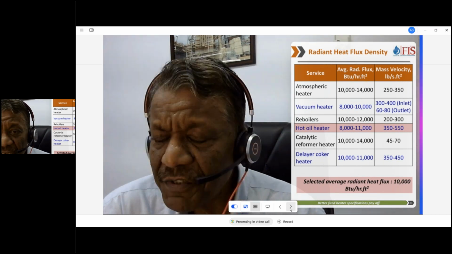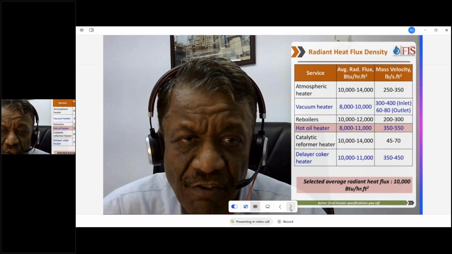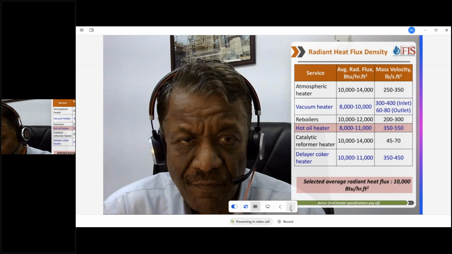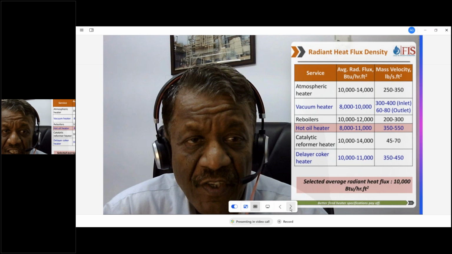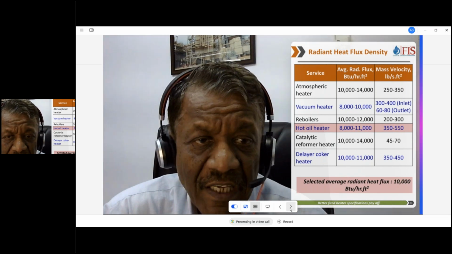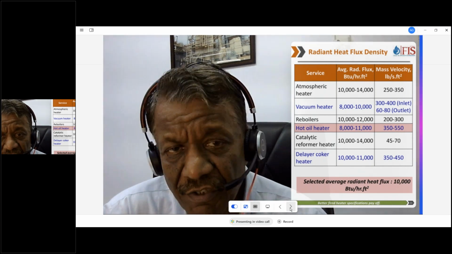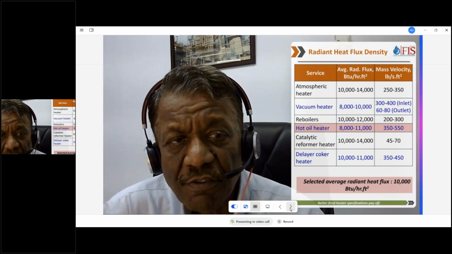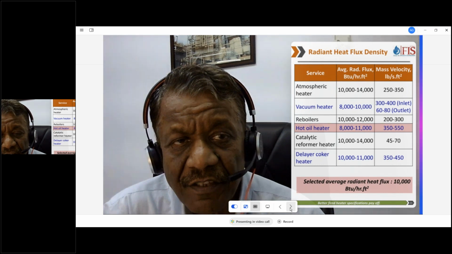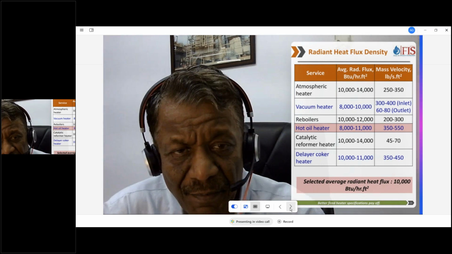Most of the time, if you go with 10,000 flux, you won't go wrong. If you have a special heater, then it's different, but 10,000 flux is a pretty decent number for most of the refinery services. Other thing you want to specify is the mass velocity, and we have some guidelines over here.